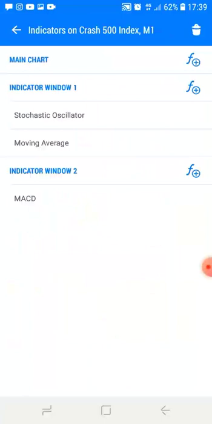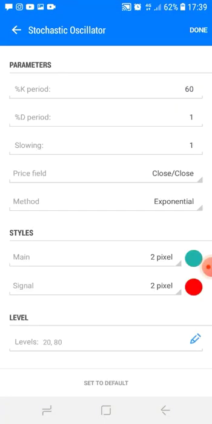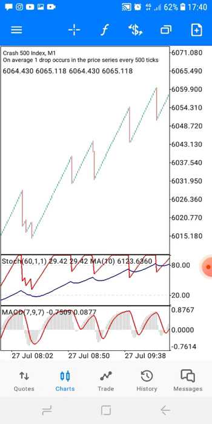Okay, the first one we have is the stochastic oscillator. Make sure the K period is 60, D period is 1, slowing is 1, price field close, method exponential, and then levels, any color that you want, levels 20 and 80, and then done.